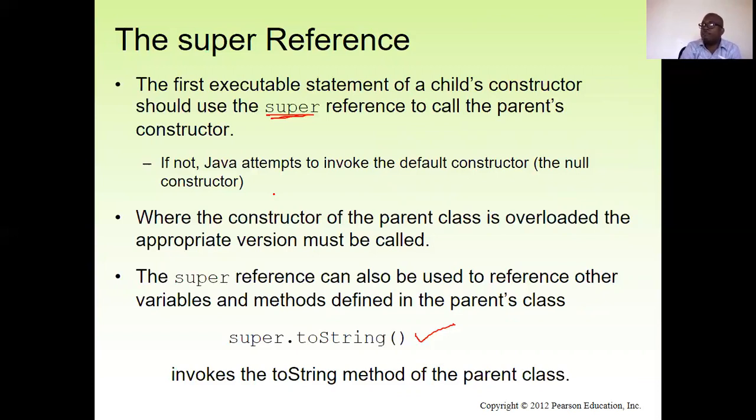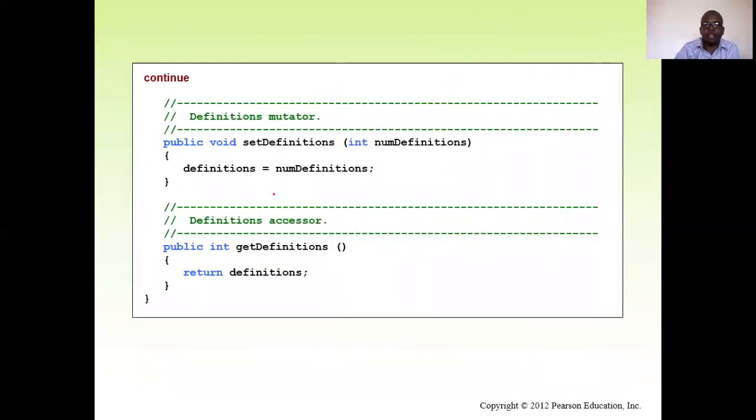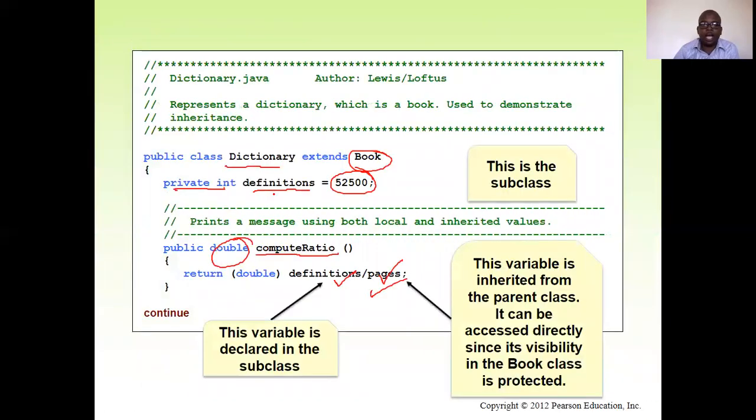And that way now I must use my super. So when I was going back to the example, in my dictionary class, I did not have a super for my constructor. Neither did I have a constructor for my dictionary. It automatically means that the null constructor is assumed.